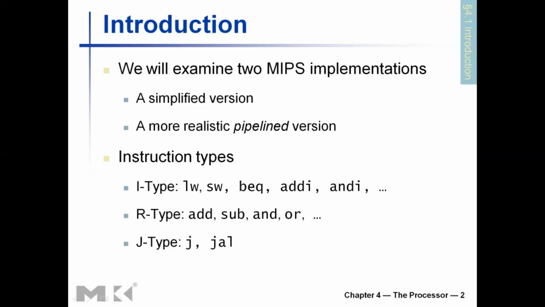But there may be certain load instructions falling under the R-type category where all the addresses are in registers, base address, offset, everything is given in a register, not as an immediate operand.